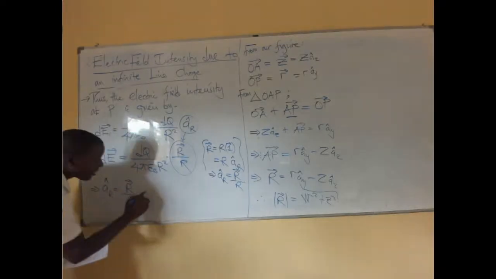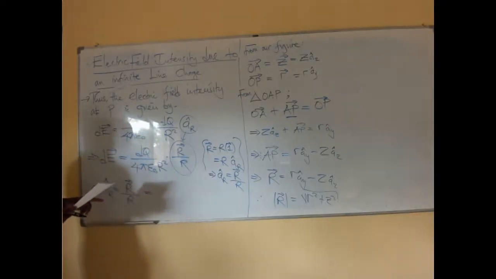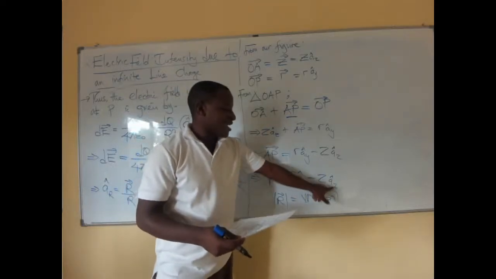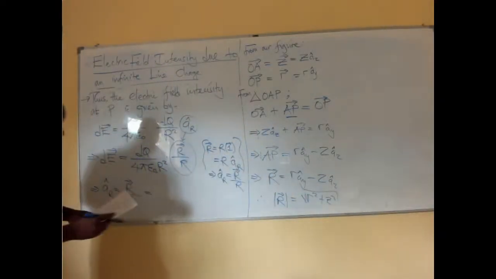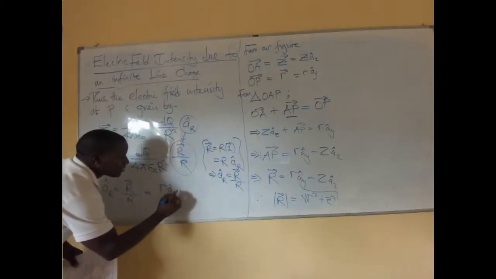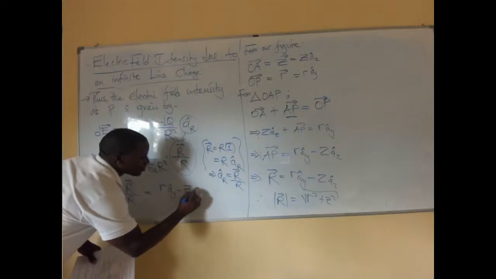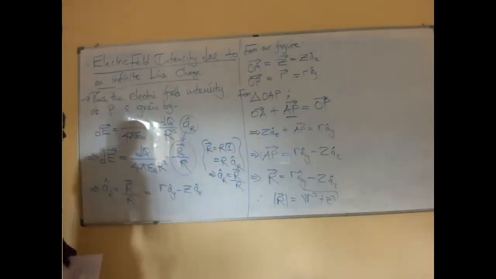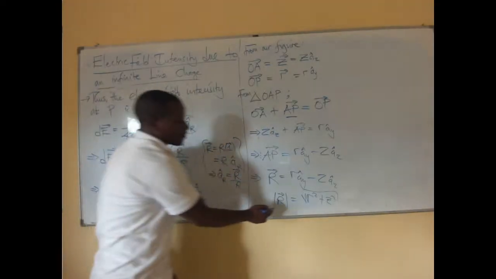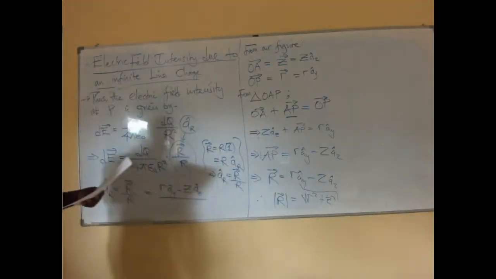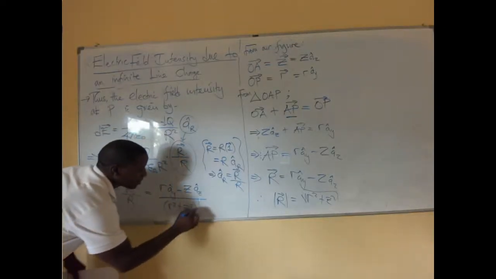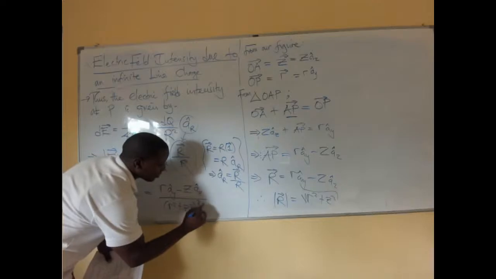We know that R vector is nothing but r a_y minus z a_z, all this divided by the magnitude of R. So R itself must be equal to (r squared plus z squared) all to the power 3 over 2.